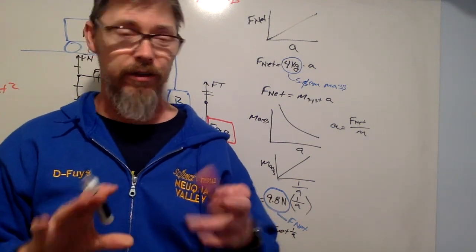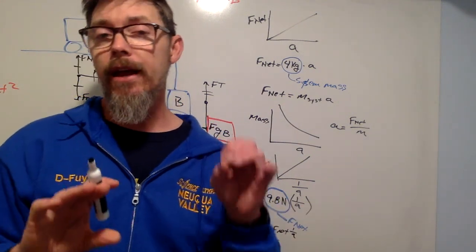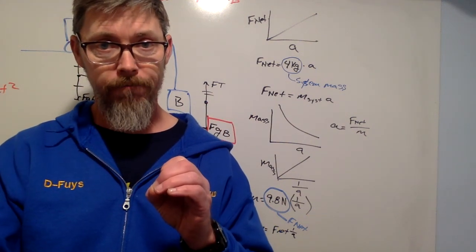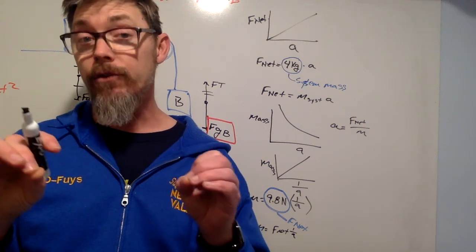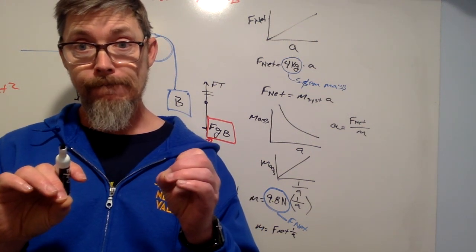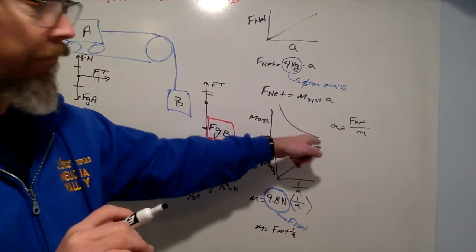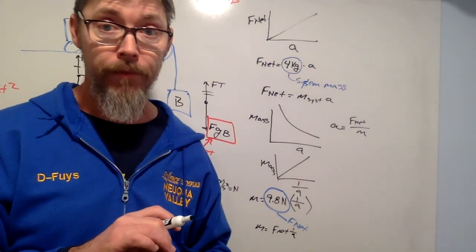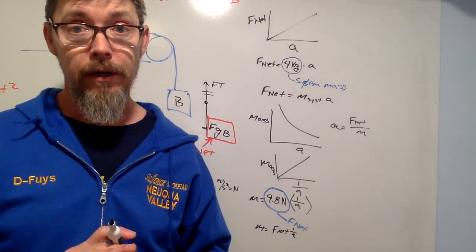He didn't write it as an equation, although he eventually did. He said that acceleration is directly proportional to the net force and inversely proportional to the mass. Okay, well, we see that here, inversely. Mass and acceleration are inversely proportional, right? That's what Newton told us.